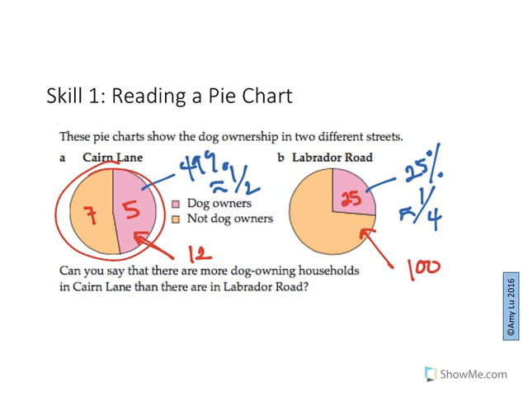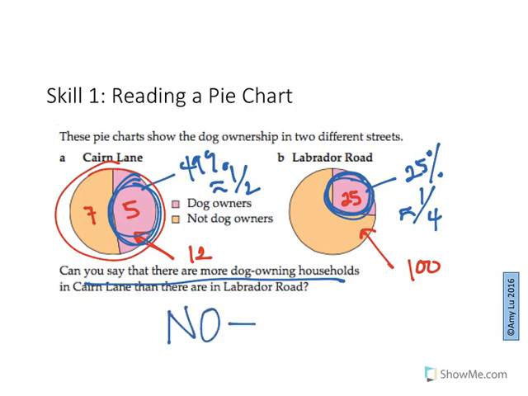Then technically, even though this segment seems smaller than this one, there are actually more dog owners here than there are here, right? So the answer to whether we can say that there are more dog-owning households in Cairn Lane than in Labrador Road is no, because we don't actually know how many people were surveyed.